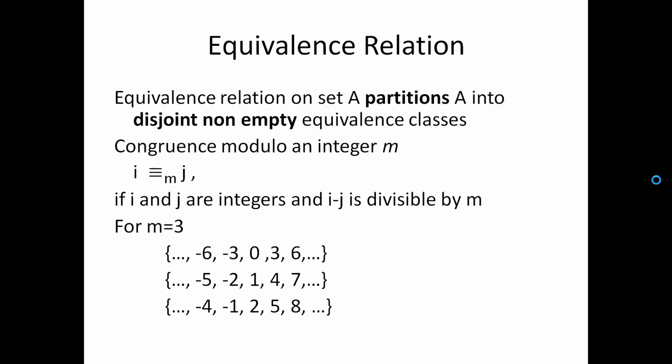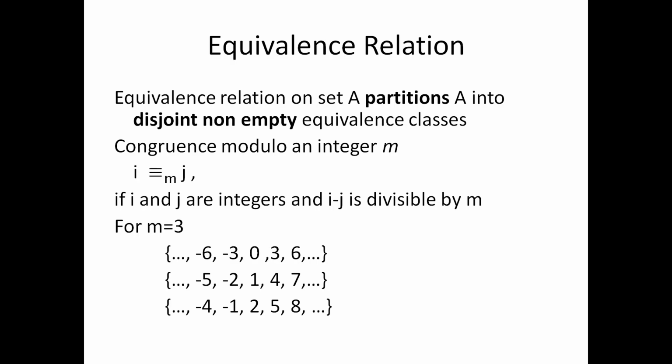As an example, we will consider the relation congruence modulo integer m, and we use the identity symbol to denote the equivalence relation. The relation is defined on the set of integers, and we say integer i is related to j if i minus j is divisible by m.